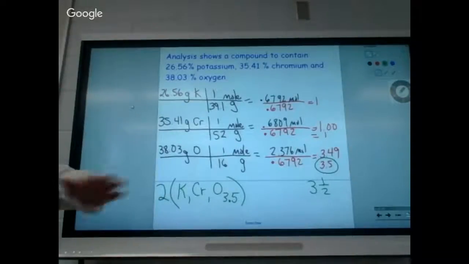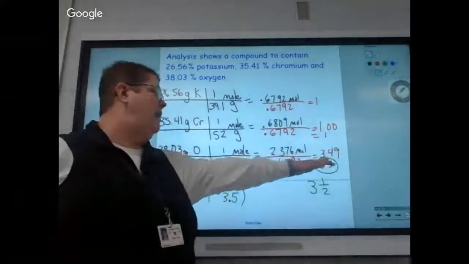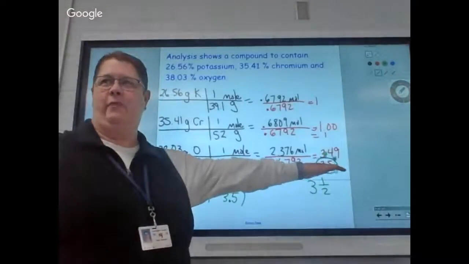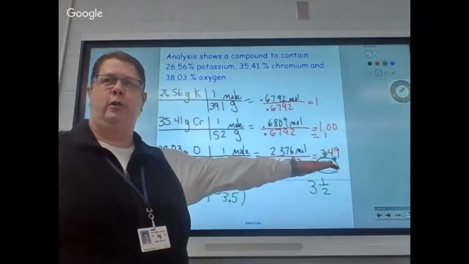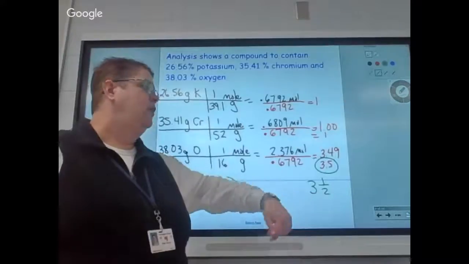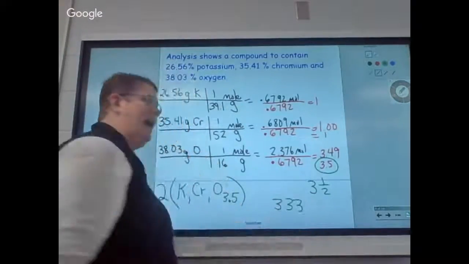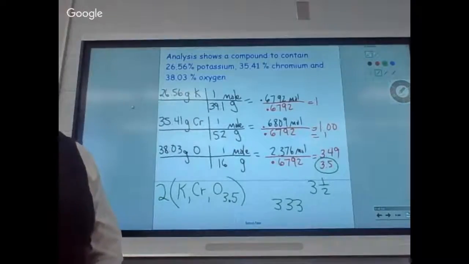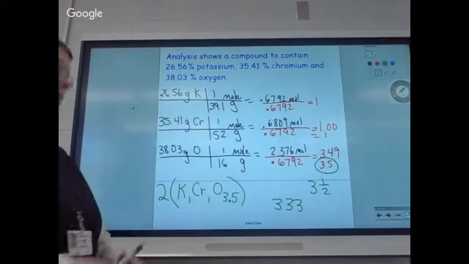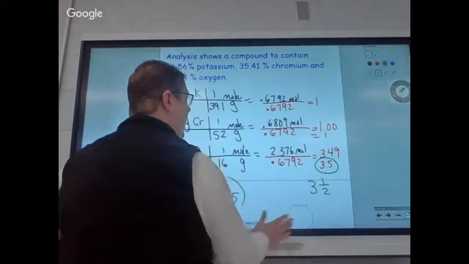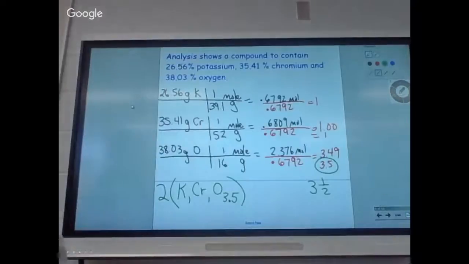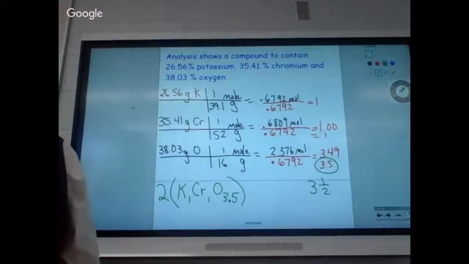If you get something that's 4.9 or 5, that's a half. Now, if you get something like 3.33, what's that in math class? That's a third. What would you multiply a third by? 3. They should turn out to be fractions that you've seen before.